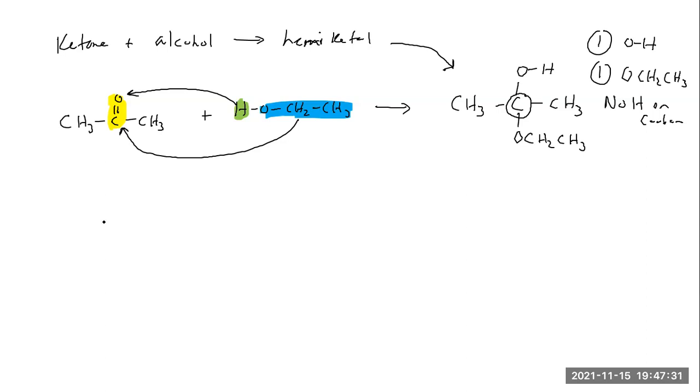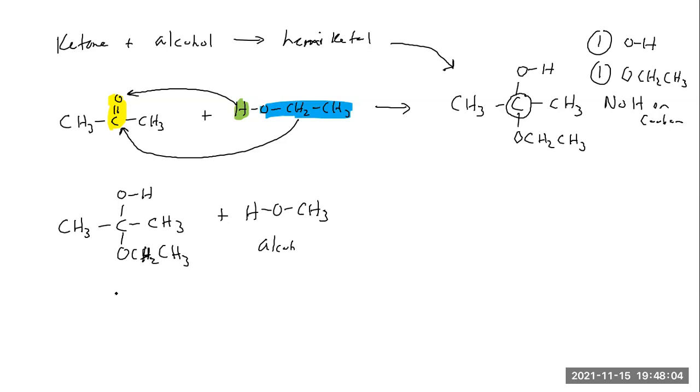Now, just like the other, we can continue this process and add another alcohol to this Hemi Ketal. And in this particular case, we'll add a different alcohol. Let's just do methanol in this case. And exactly like what we did before, we have our alcohol and our Hemi Ketal.